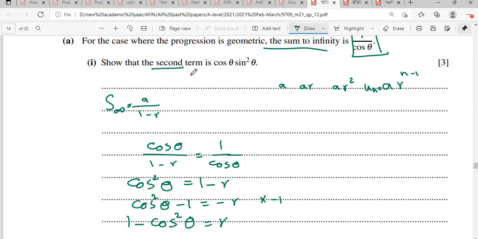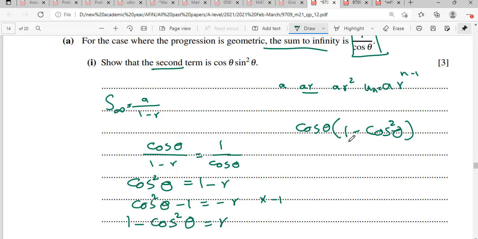What is the second term? The second term is AR. We had A as cosine theta, it was given, and R is 1 minus cosine squared theta. This is the second term, but this is cosine theta sine squared theta.